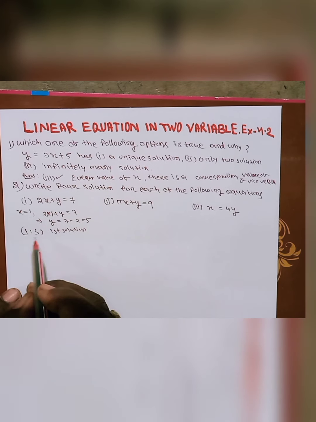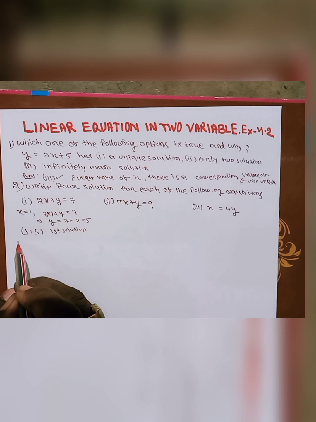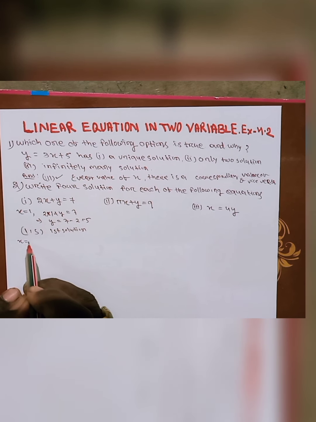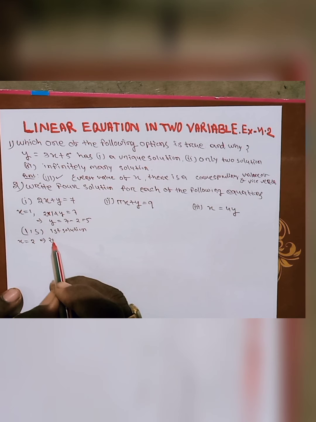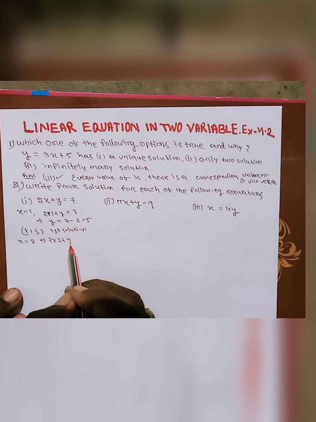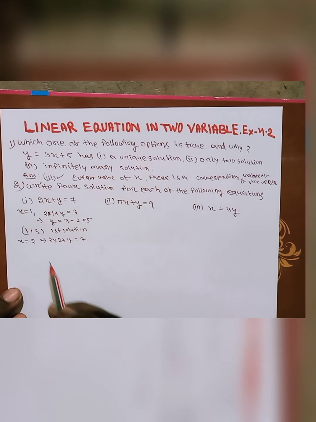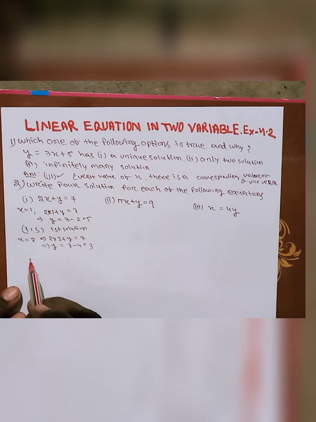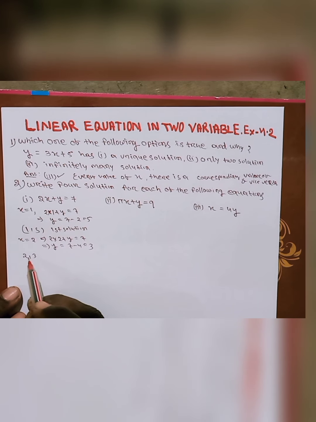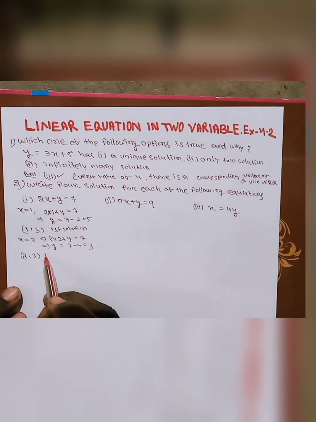In the second solution, take another value of x. Let x is equal to 2 and put the value in the equation. 2 into 2 plus y equal to 7, implies that y is equal to 7 minus 4 equal to 3. Then 2 and 3 is the second solution.